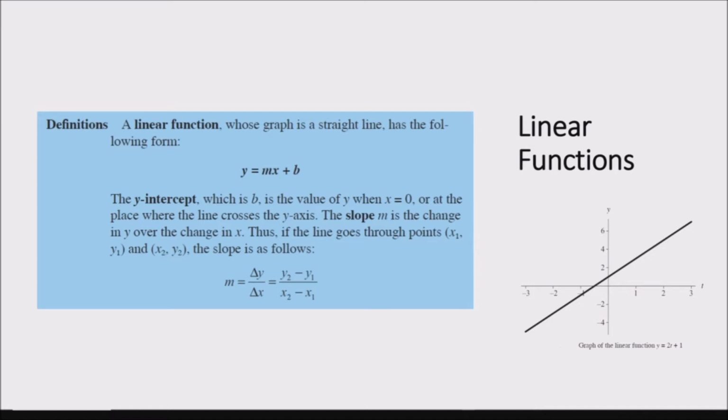And let's look at that. What we have here is y equals mx plus b. So what is this m here, and what is this b here? Those are constant values for the given graph, right?